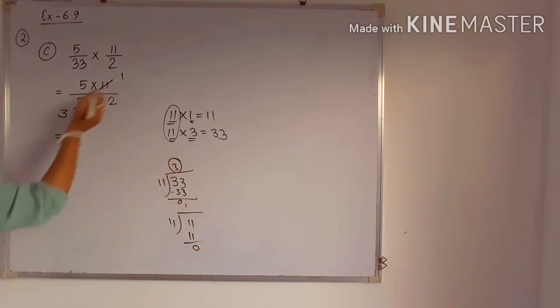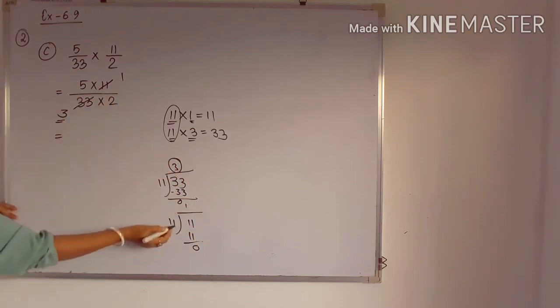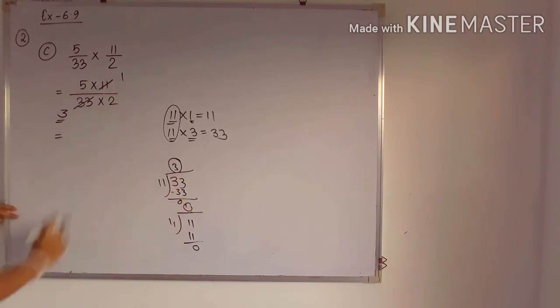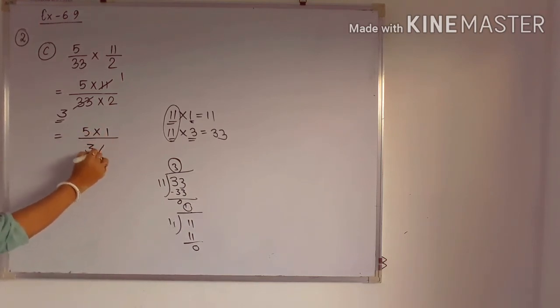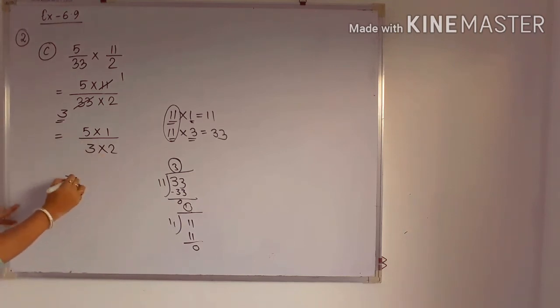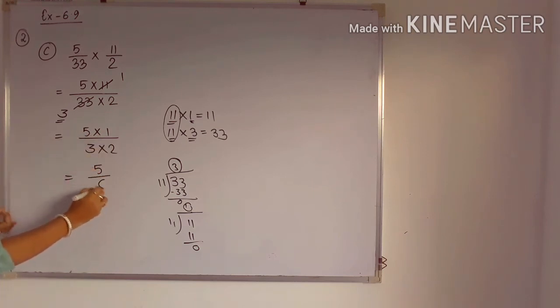Here 1 is the quotient. Now the fraction becomes like this, 5 into 1 by 3 into 2. Now you can see the numbers are reduced, so we can easily multiply and do the simplification. 5 1s are 5, 3 2s are 6.